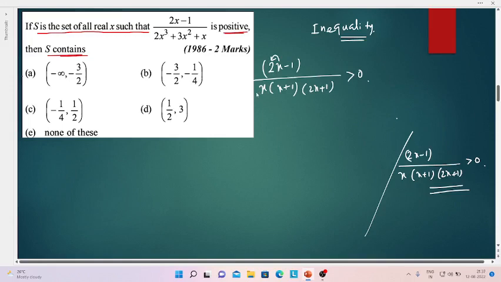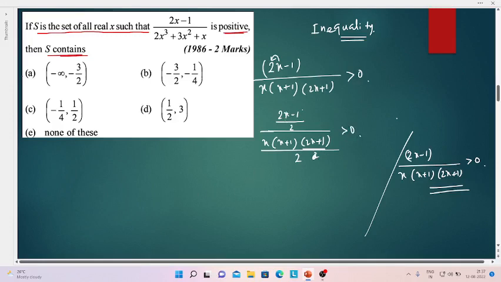Here you can see the coefficient of x is 1, here the coefficient of x is 1, but here the coefficient of x is 2 and the coefficient of x is 2. So we have to divide by 2 from these two relation, right? We have to divide by 2. So we will have 2x minus 1 by 2 upon x times x plus 1 into 2x plus 1 upon 2, right? We can write down this, which is greater than 0.